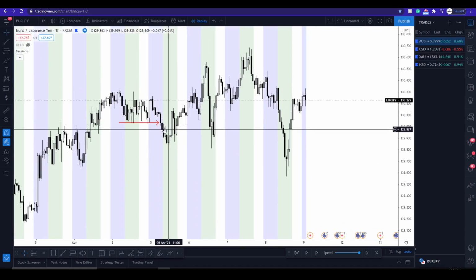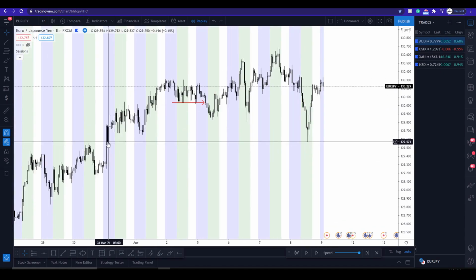Now, each session has its own different objective. For example, people say that Asia session is known for consolidation, London is known for breakout. That's not entirely true. Rather, it's about the market cycle. And by the way, with sessions, it varies on different pairs. If you're going to be trading London session, then you're going to have to be trading London pairs.